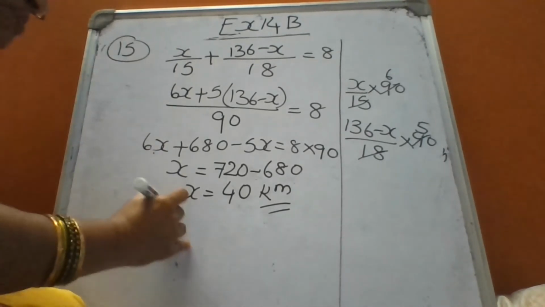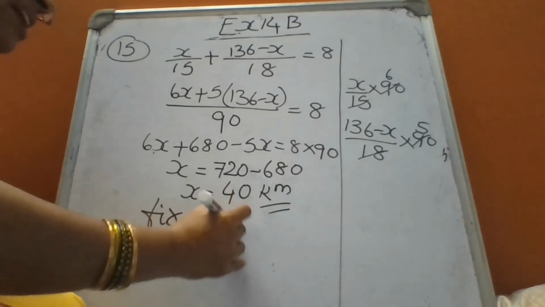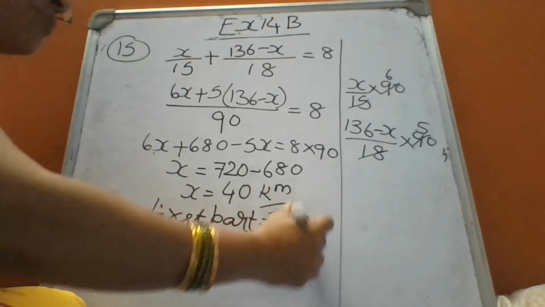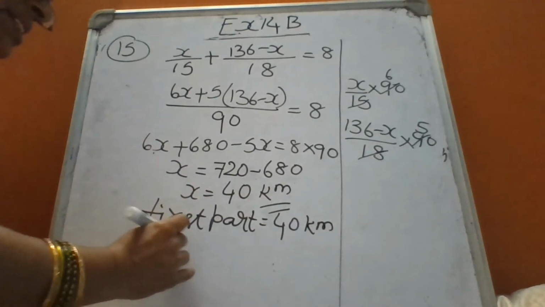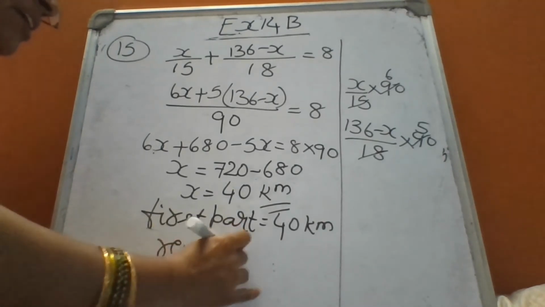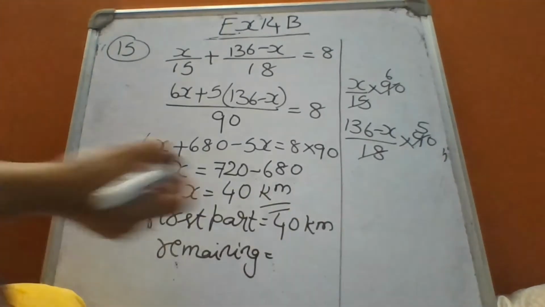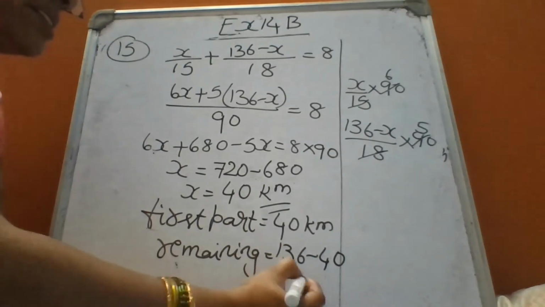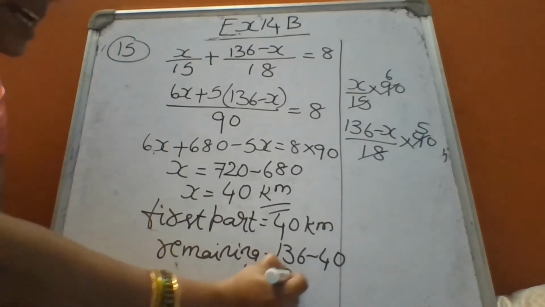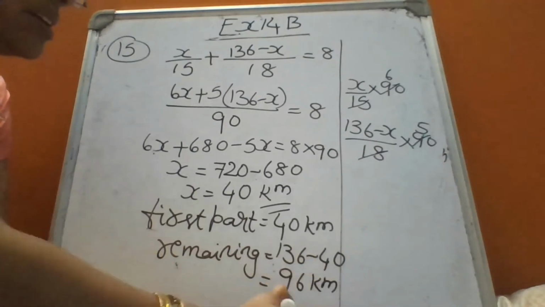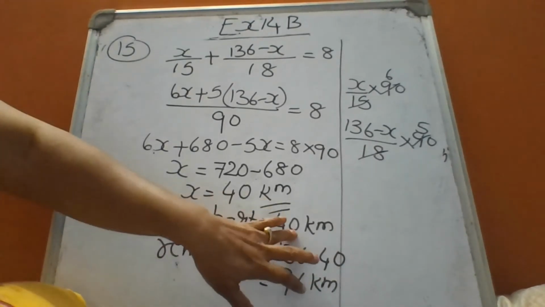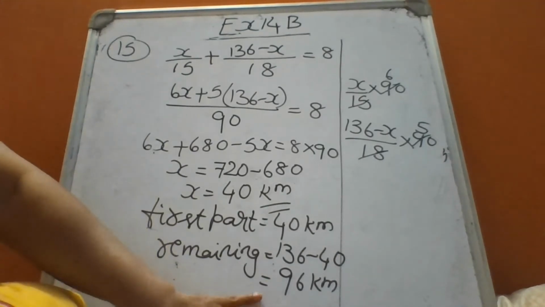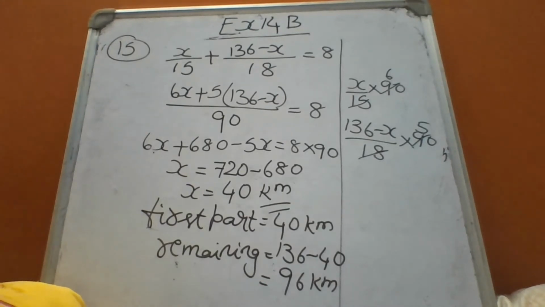The first part distance, which he has covered with the speed of 15 kilometer per hour, is 40 kilometer, and the remaining distance will be 136 total distance minus the first part distance, which will give you 96 kilometer. So for 40 kilometer he travelled with the speed of 15 kilometer per hour. 96 kilometer he travelled with the speed of 18 kilometer per hour.